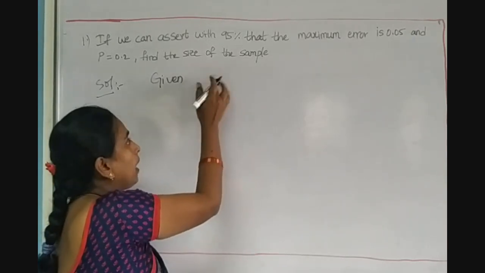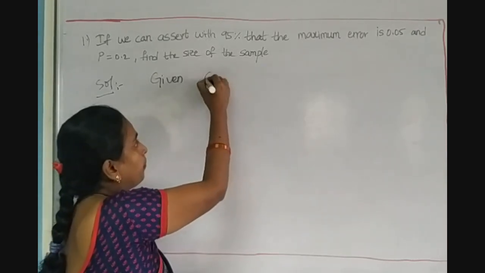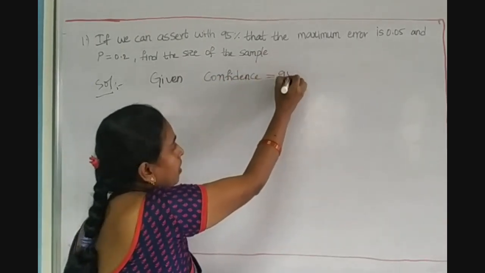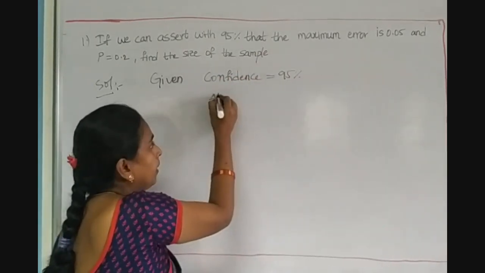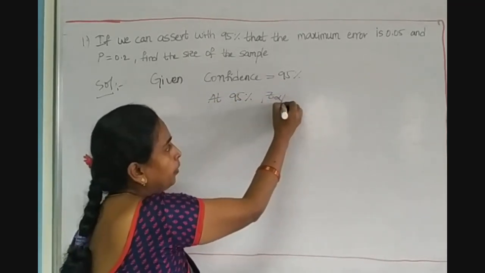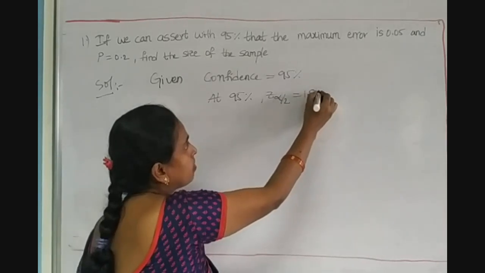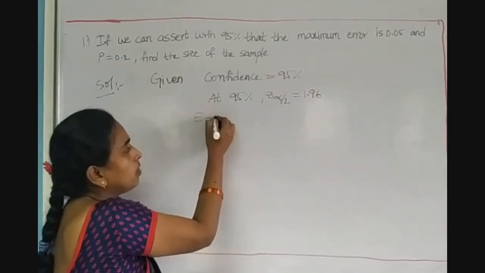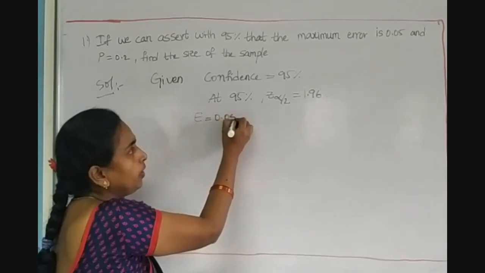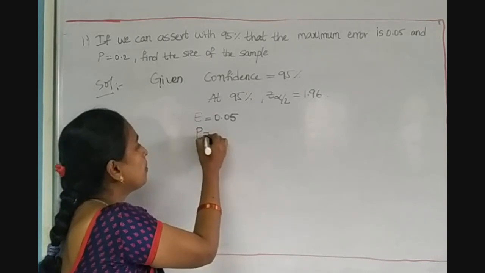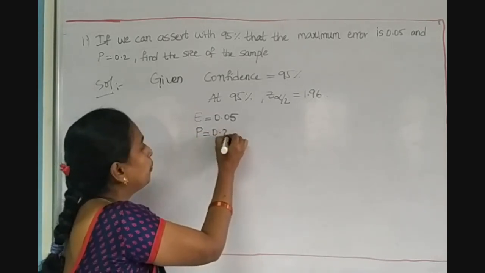So at 95% confidence, Z alpha by 2 is 1.96, and they have given that the maximum error, that is E, is 0.05, and the population proportion is 0.2.